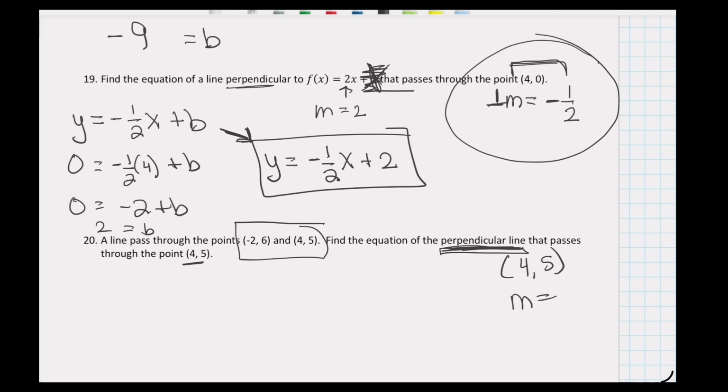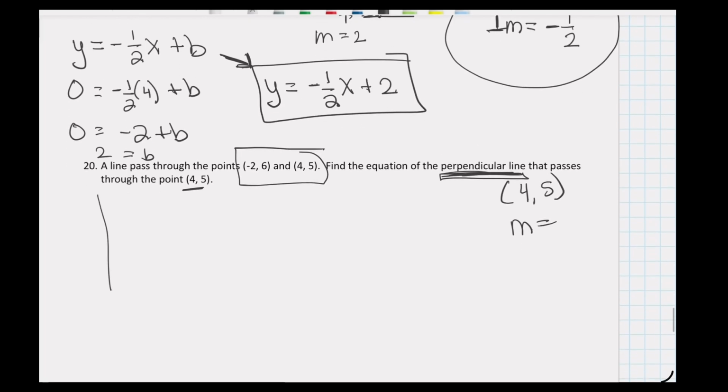Well, this line, let's see if we can picture it. -2, 6, 3, 4, 5, 6. It's here. 4, 5, 1, 2, 3, 4, 5. Is that line. I want the line that's perpendicular to it and goes through 4, 5. That one is the one that I want. Clearly, the slopes are not the same.